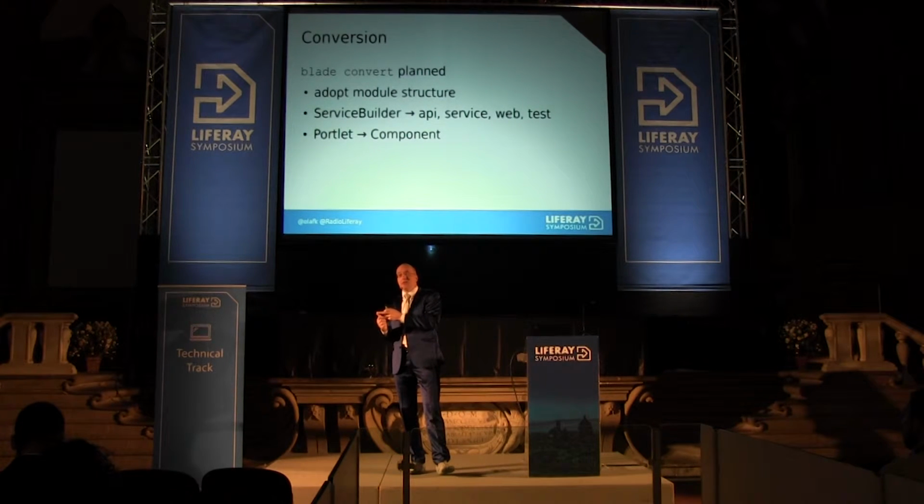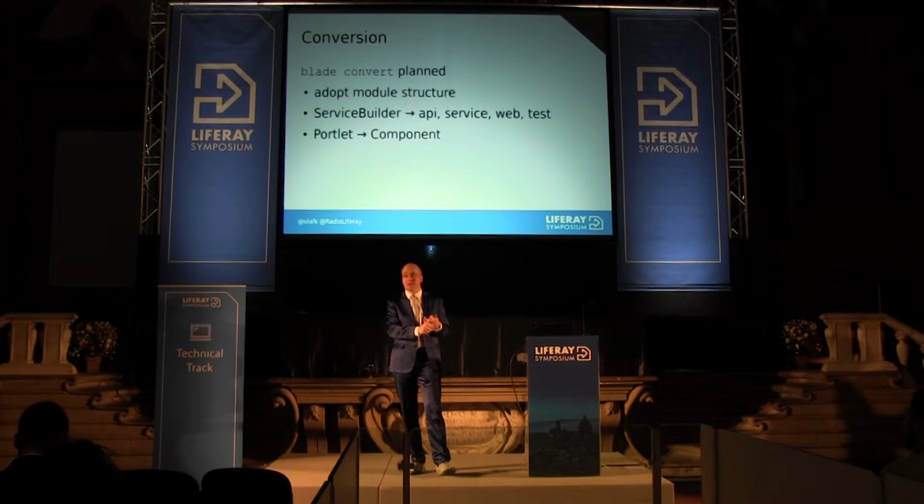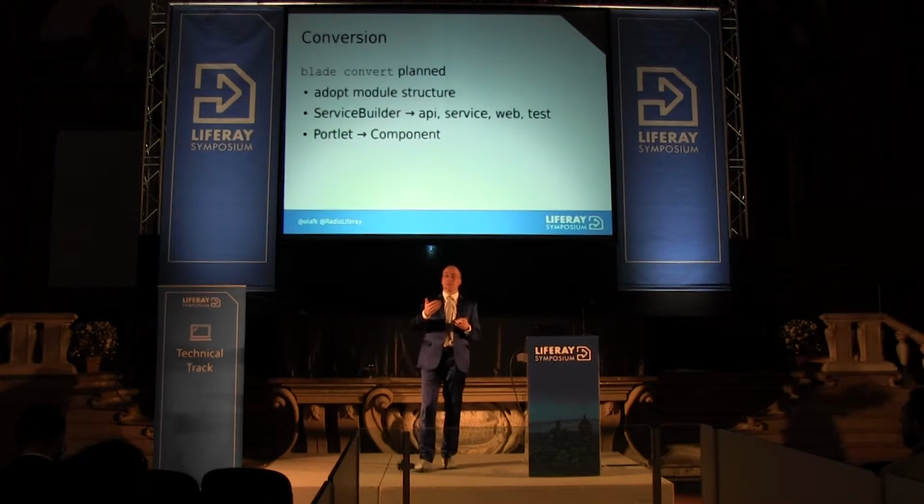When you create a new OSGI portlet, you will see that all you'll have in your project, in terms of code, is one Java class with a lot of annotations in there. The annotations have everything that previously went into Portlet XML. And this way, Liferay can easily deploy it into its runtime and just continue to use it.